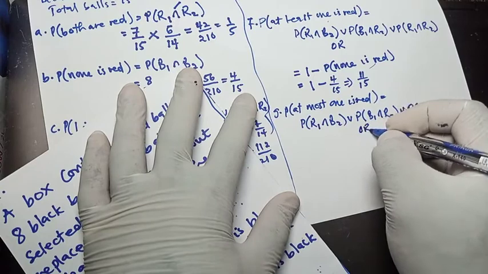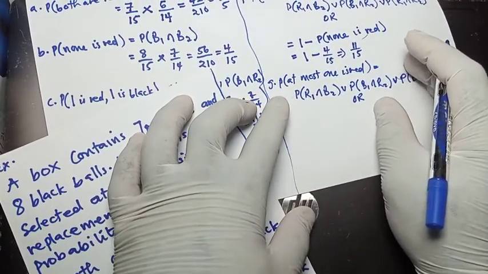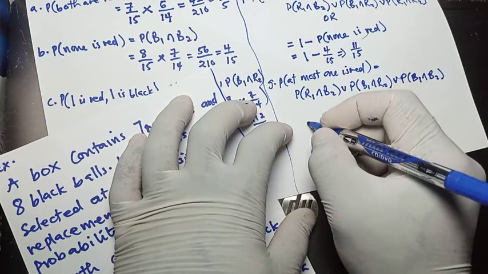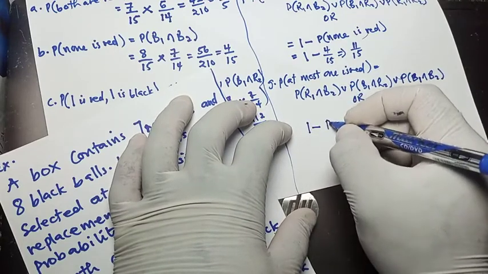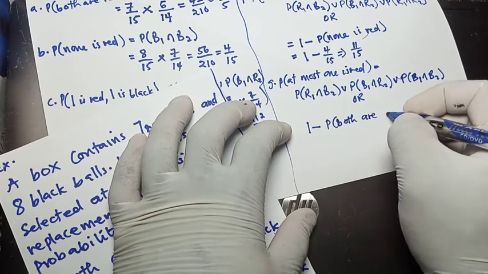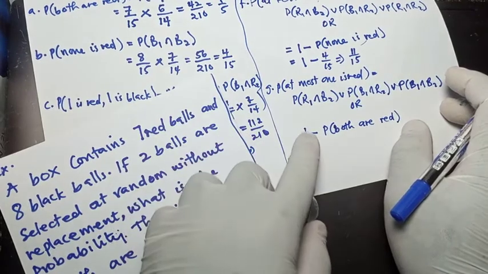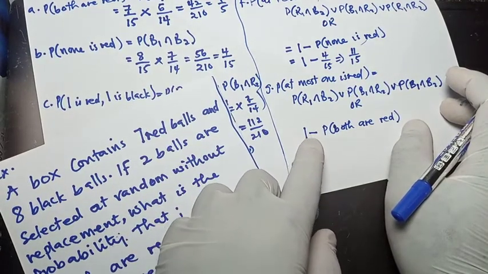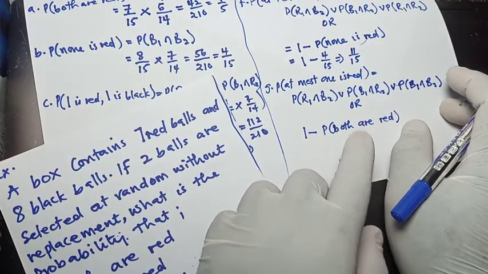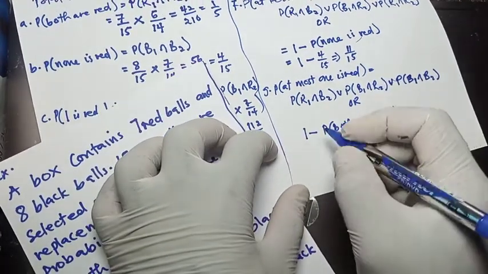Okay, here so I prefer to use the shortcut. That is when you have at most 1. It means that we can write what? 1 minus the probability that both are red. So when you are dealing with 2 colors and you have at most 1, you can write 1 minus both, and that is for when you are dealing with 2 things. So 1 minus both.